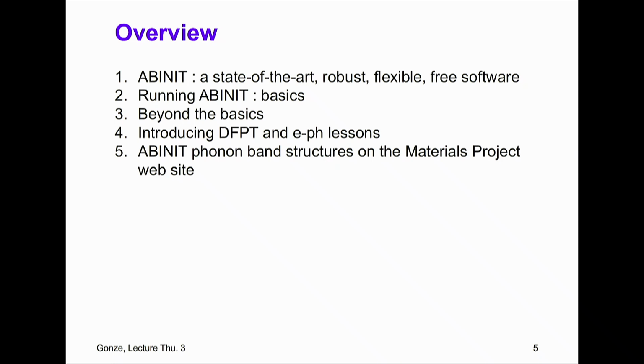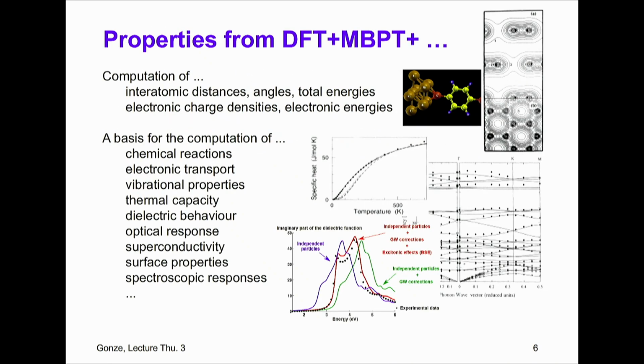I will spend some time showing how to go beyond the basics, looking at the documentation. And then I will introduce density functional perturbation theory and the Electron-Phonon lessons of this afternoon. And I will finish with some advertisement of the interesting things that one can do with the Python scripts that we have developed recently, ABINIT Phonon Dance Structure on the Materials Project website.